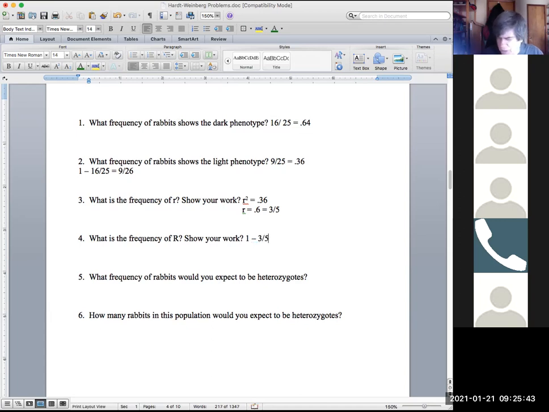So 1 minus 3/5, or if you prefer, 1 minus 0.6, I would accept either. So 2/5 or 0.4. Either one of those would be good. Oops, not comma 4 though.